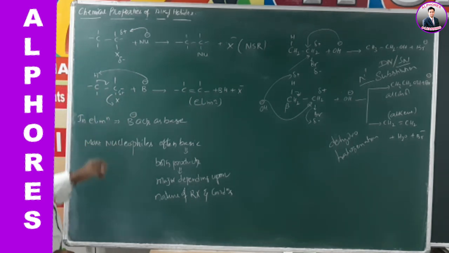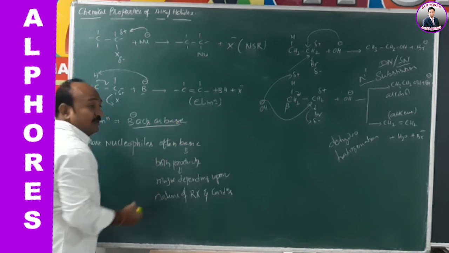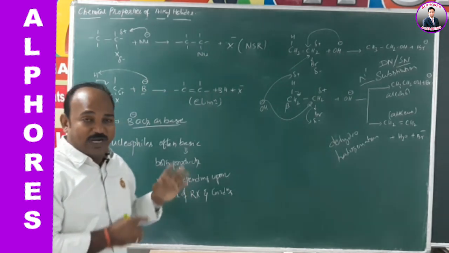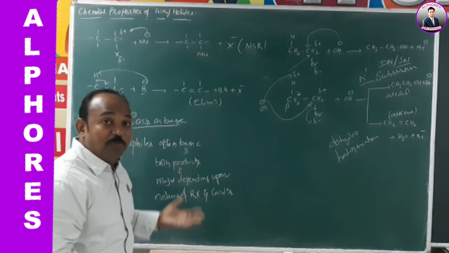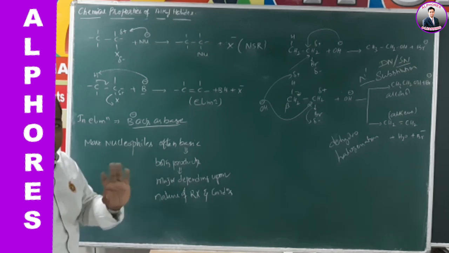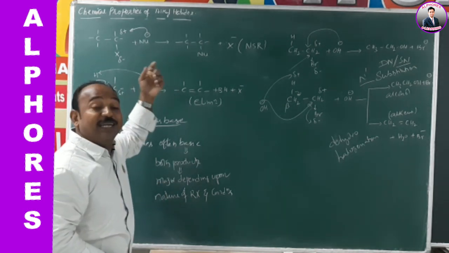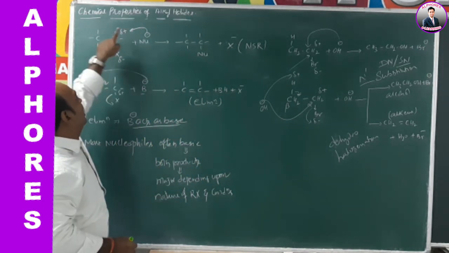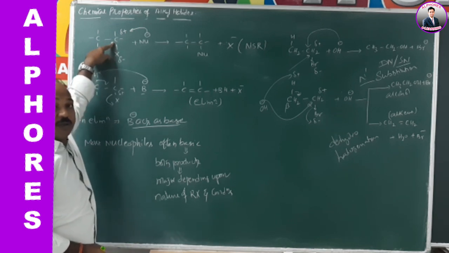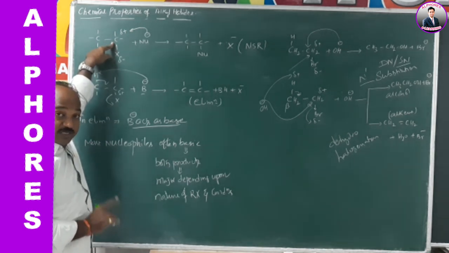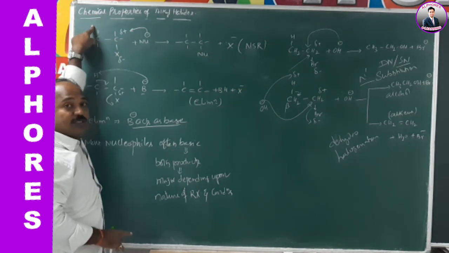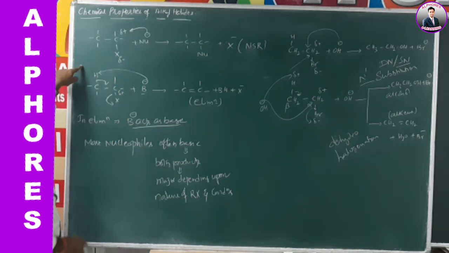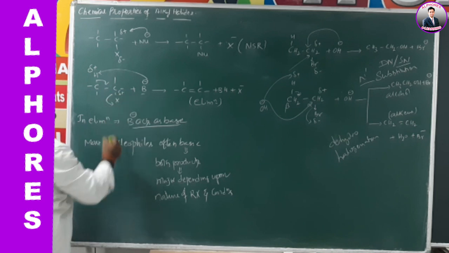Now in the elimination reaction this B minus acts as a base. Being a base, it seeks a proton instead of any positive charge. What is the difference between a base and a nucleophile? A base seeks a proton but not any positive charge, and a nucleophile seeks a positive charge but not a proton. So a nucleophile prefers to attack a partially positively charged carbon rather than a partially positively charged hydrogen, whereas a base prefers to attack a partially positively charged hydrogen rather than a partially positively charged carbon.